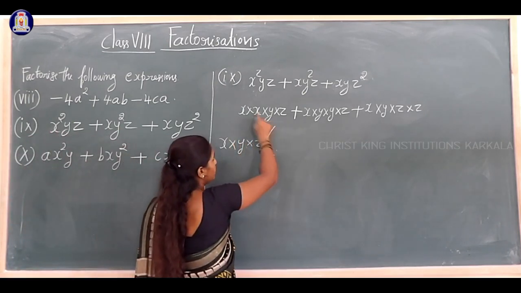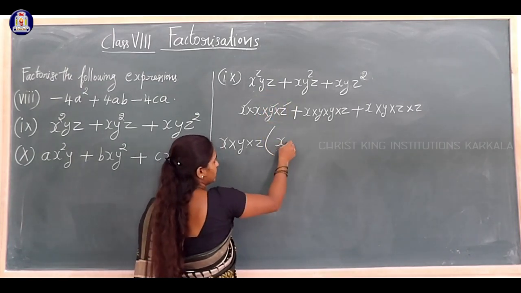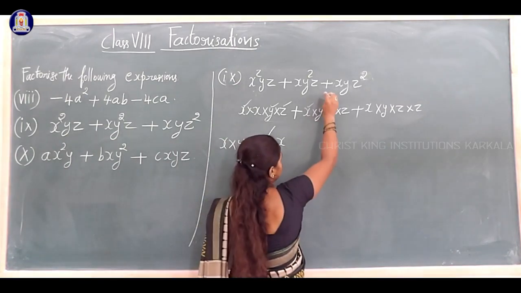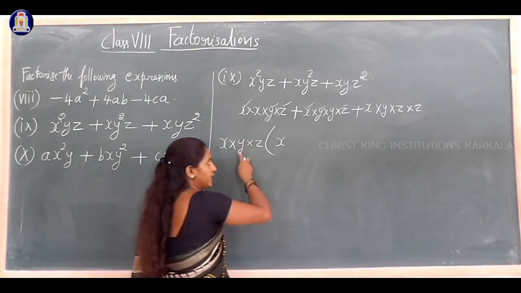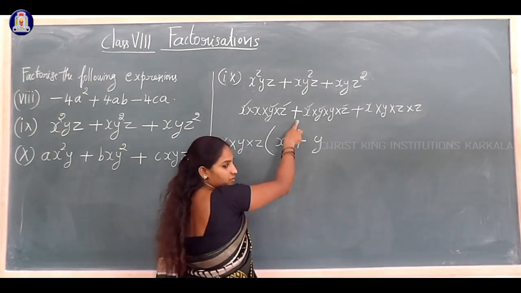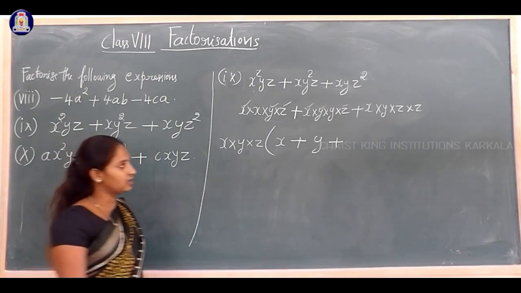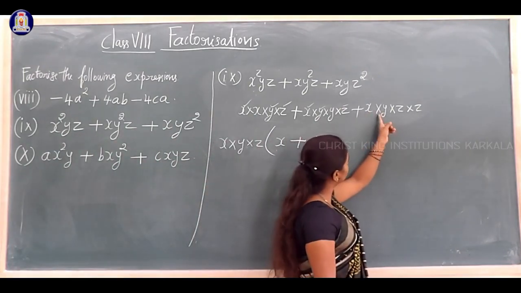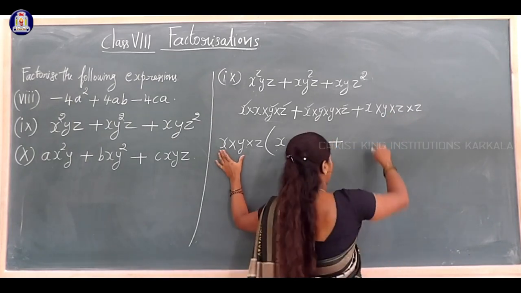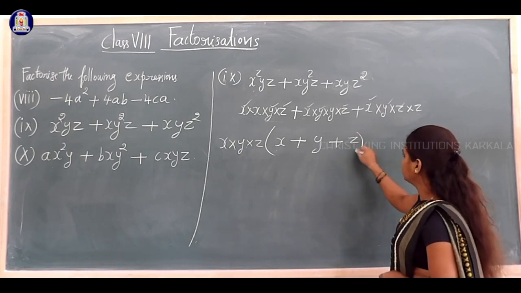In this term, if you take x, y, z outside, the remaining is x. In the second term, already we took x, y, z outside, so only y is remaining. In the last term, x, y, z, z, here also we took x, y, z outside. The remaining factor is z.